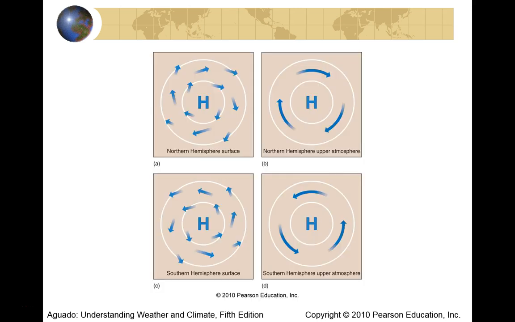So this chart cannot be underestimated enough for understanding the weather associated with highs and lows. This is an example of a northern hemispheric high or anticyclone. Air is being pushed out across the pressure gradient. As the air pressure is highest in the middle and lowest towards the outside, the wind rotates out to the right, spiraling outwards clockwise.